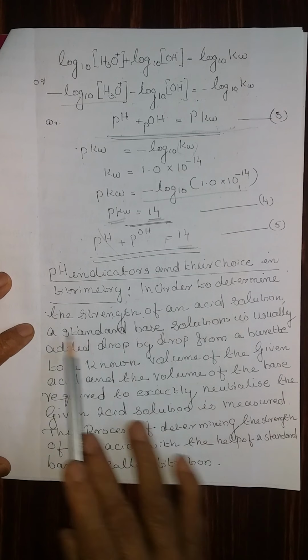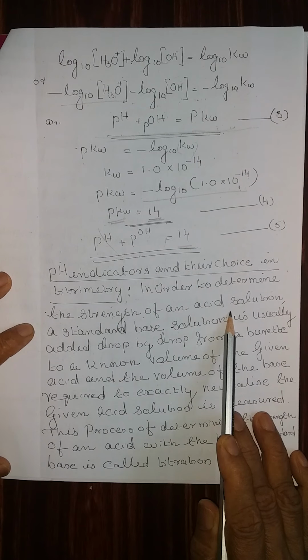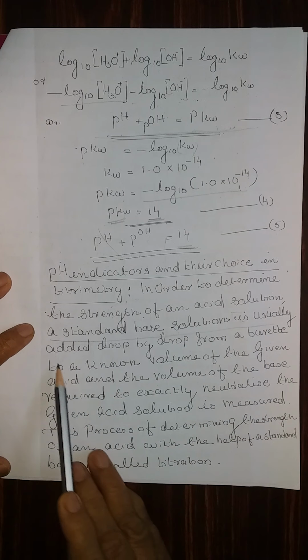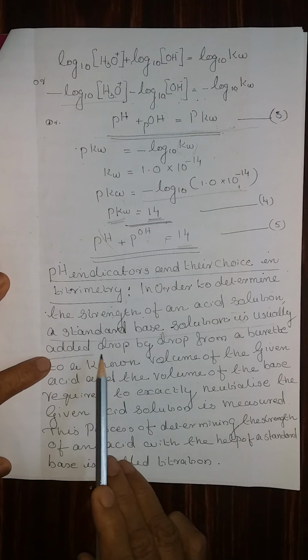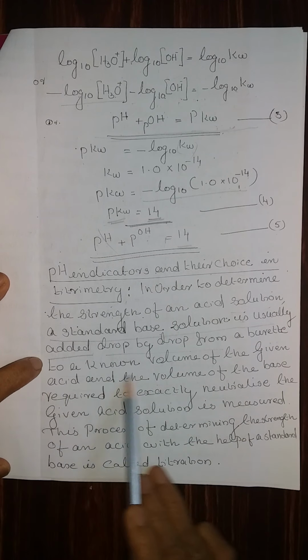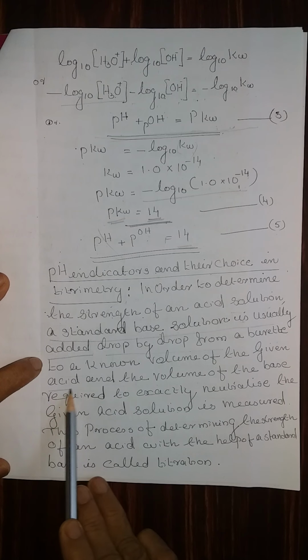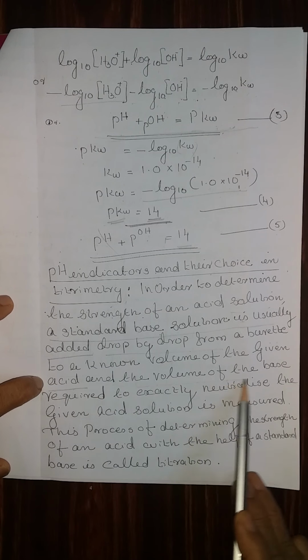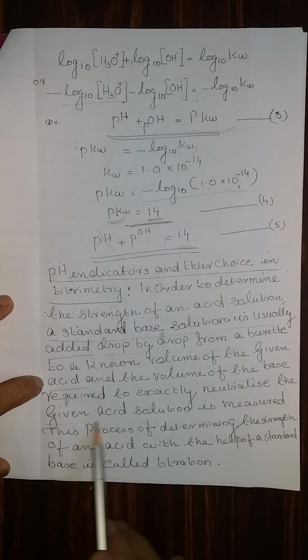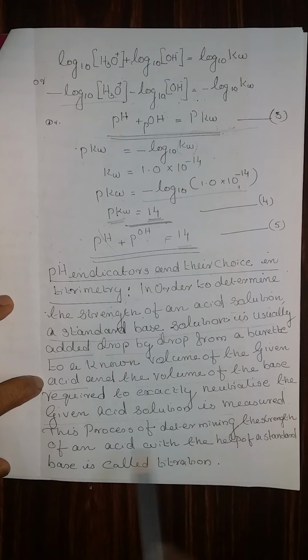In order to determine the strength of an acid solution, a standard base solution is usually added drop by drop from a burette to a known volume of the given acid, and the volume of the base required to exactly neutralize the given acid solution is measured.